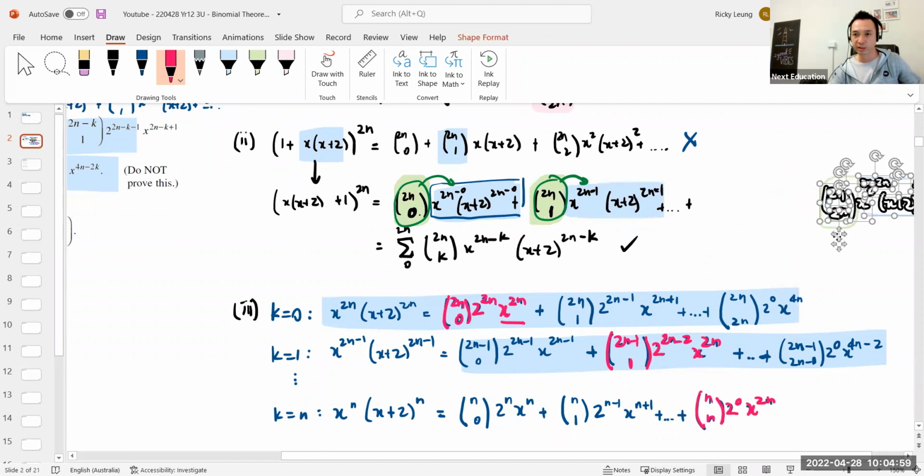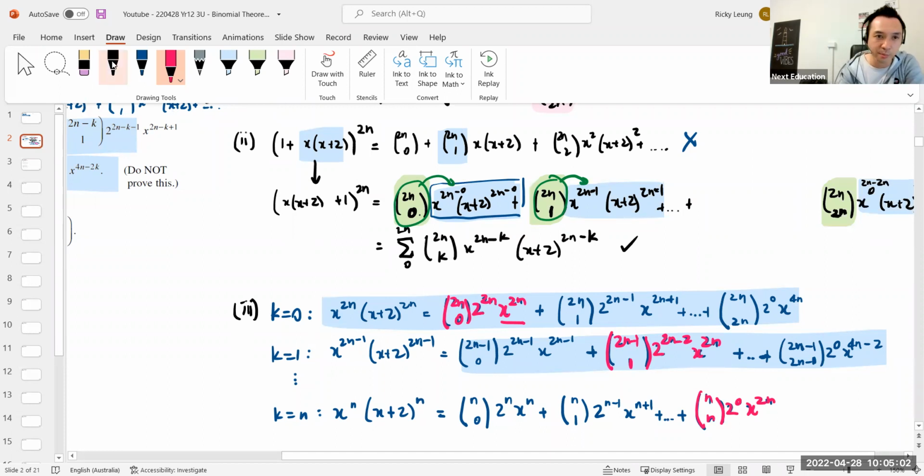I'm just going to move it to the right. So somewhere in the middle, when k equals n, that gives me x to the power of 2n minus n, x plus 2. Actually, let me just straight copy that down here. So 2n minus n is n, x plus 2 to the power of n.